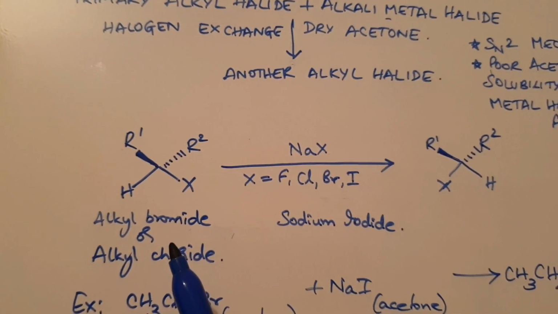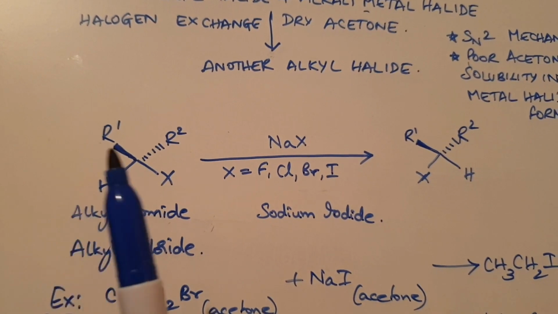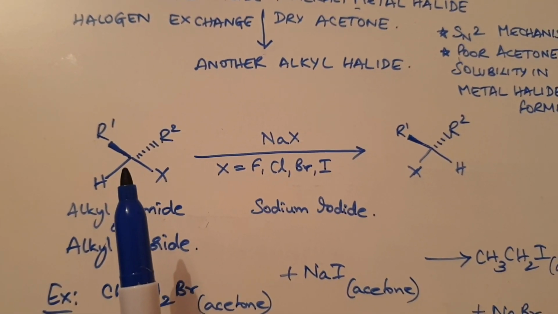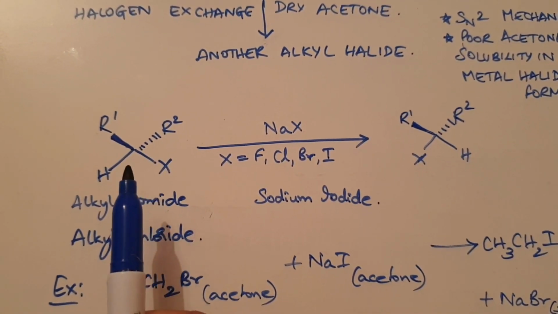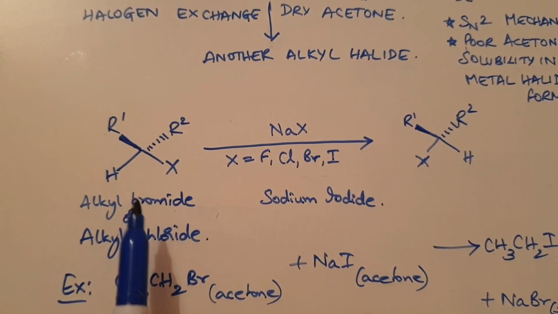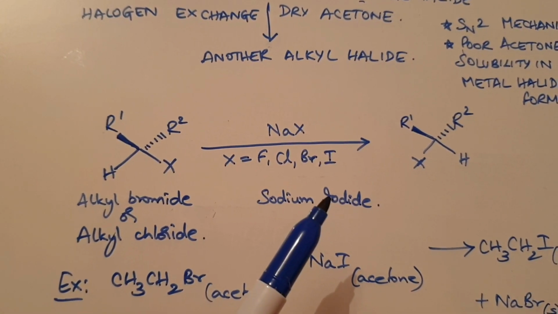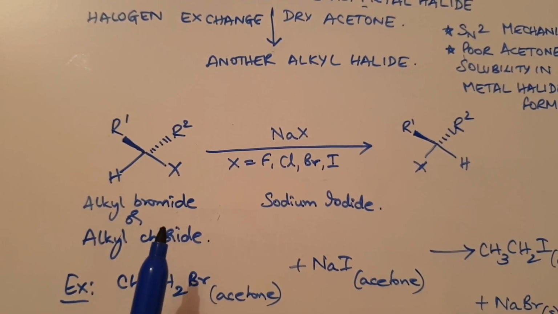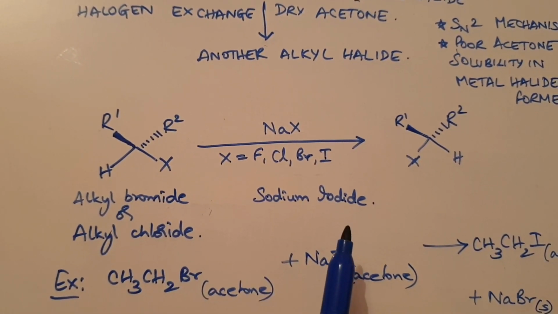So let us write the general formula. The general formula of alkyl bromide or alkyl chloride, since it is taking place through SN2 mechanism, I am writing the 3D structure for the alkyl bromide or alkyl chloride, and generally we use sodium iodide, and the bromine or chlorine in the alkyl halide is replaced by the iodine.